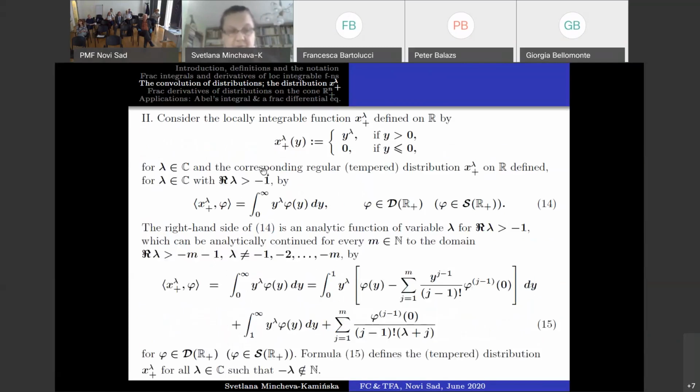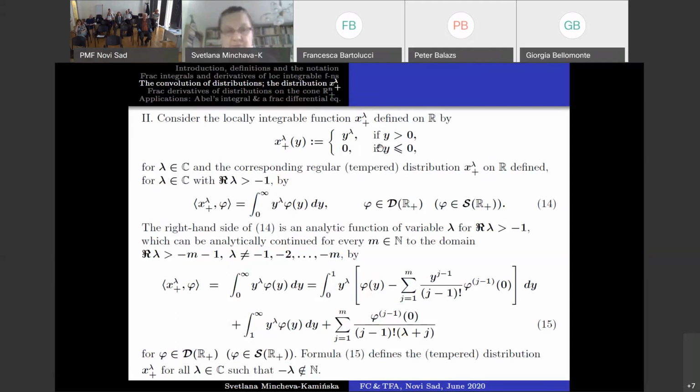And here we'll present the idea of Gelfand and Shilov to treat the locally integrable functions x to the power lambda, where we consider them defined by these formulas.